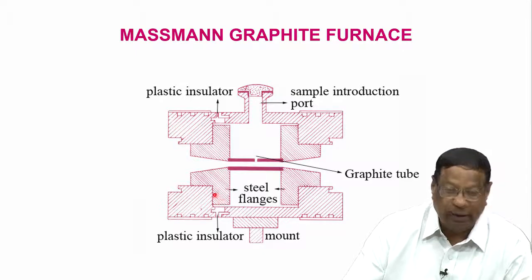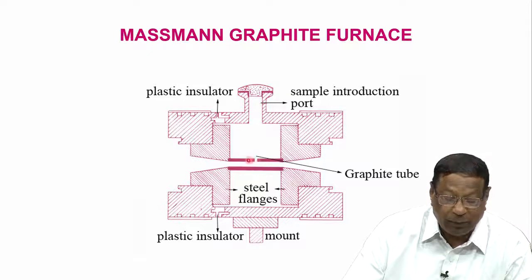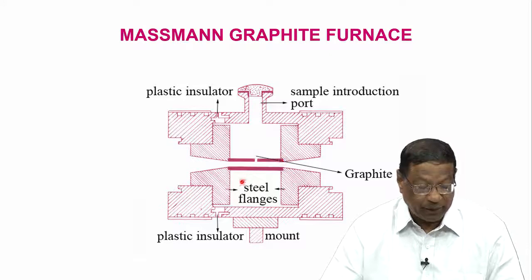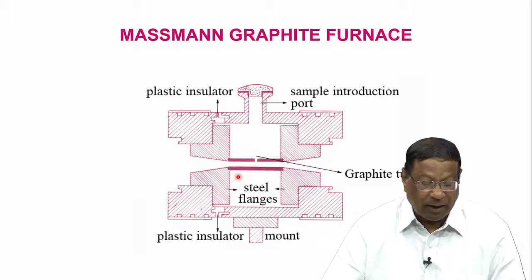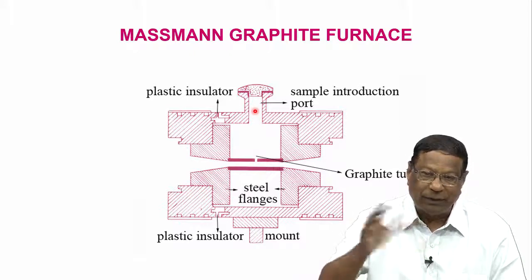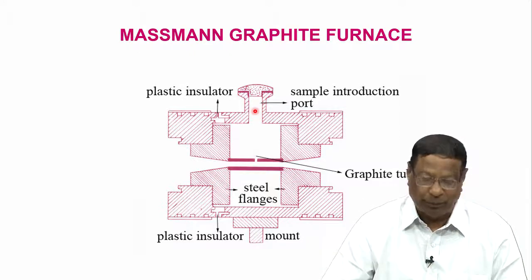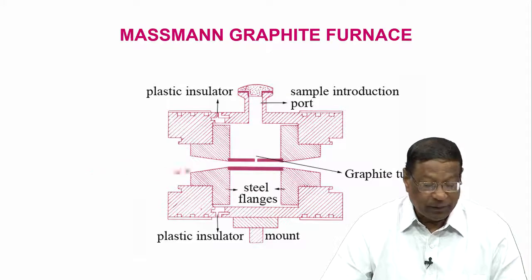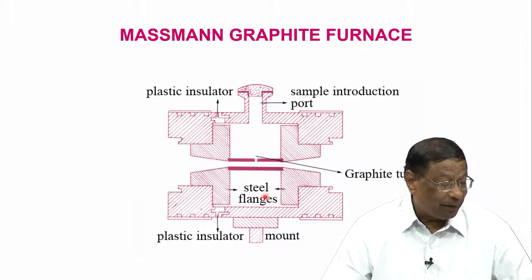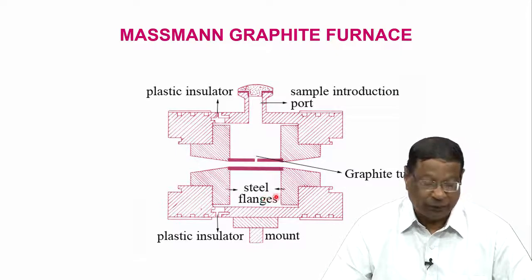So, what we have here is, I have a graphite tube which is fixed to the bottom part, and the top part opens and closes the graphite tube. Okay. So, once I open this, put my sample, and then let the system run through and determine the atomic absorption reading as usual.